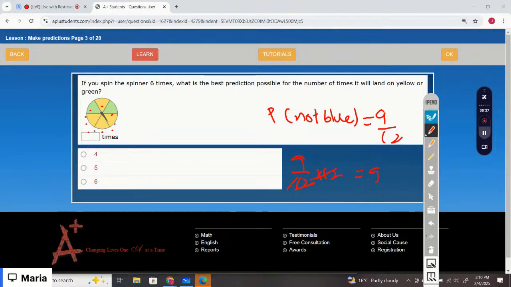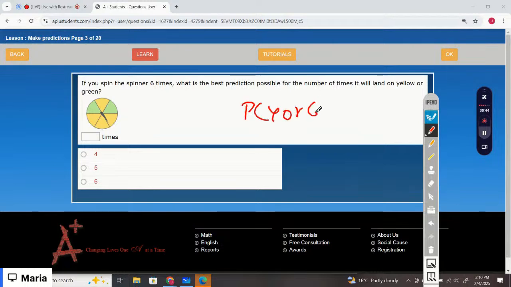The probability of yellow or green is 1, 2, 3, 4, 5, 6, that is 6 by 6, which is 1. So you did that 6 times, you have to do 1 times 6, that is 6.